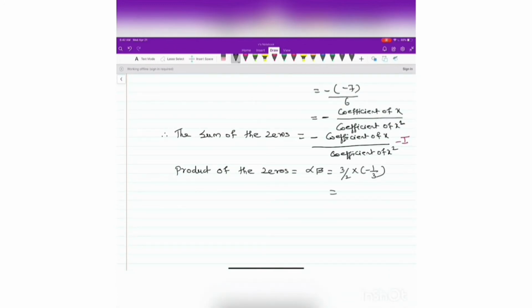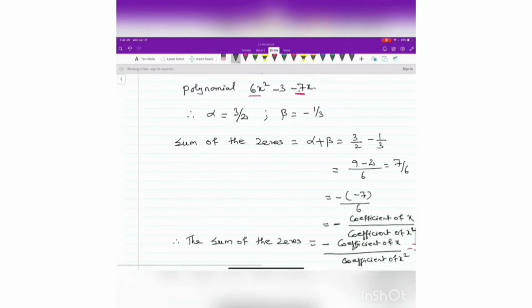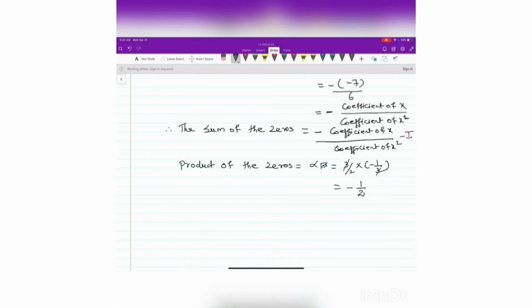Now here this 3 and this 3 will get cancelled, so I will be left with minus 1 by 2. This minus 1 by 2 I can write as minus 3 by 6, because minus 1 by 2 can be written as minus 3 by 6.